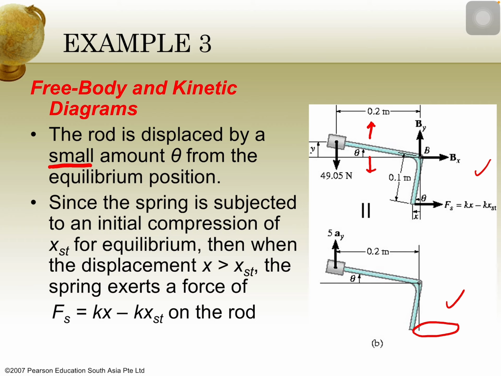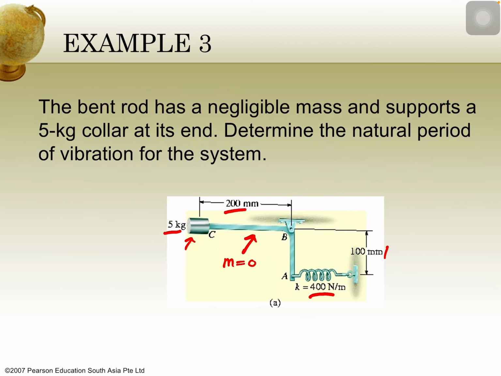Okay, I will read it until I finish. Then when the displacement x is bigger than x_st, the spring exerts a force of F_s equal to kx minus k x_st on the rod. What is the meaning of the initial compression x_st?